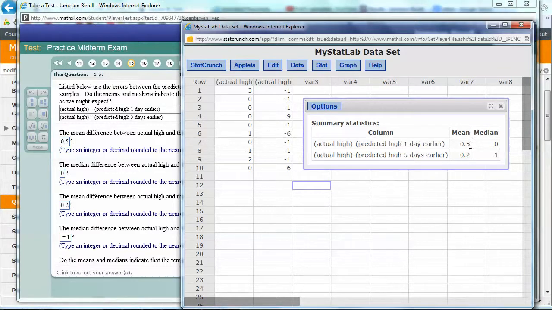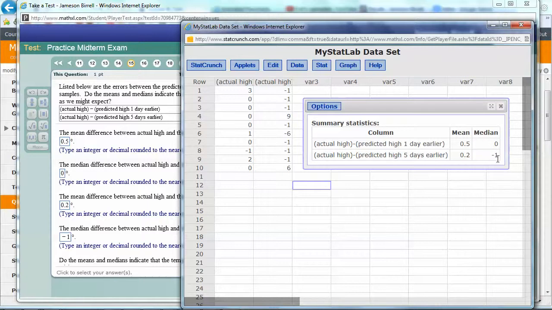So you'll notice that between the mean and the median, these are two different measures of center for the same set. It's this first set right here. We're only different by 0.5 of a point. And then for the 5 day prediction, we're off by 1.2.